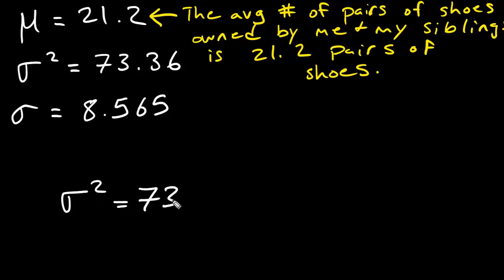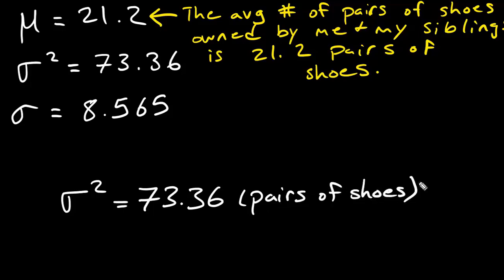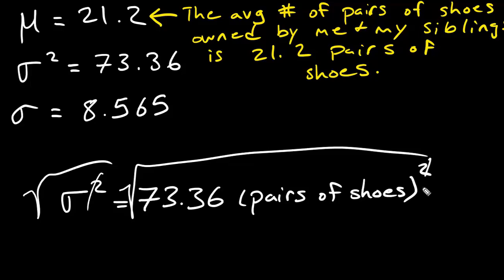Right, so we're never going to really write this out, but technically this is 73.36 pairs of shoes squared, right? So I don't know personally what a pair of shoes squared is. That's not really something that's very easy to interpret. And so while the variance is a good number to have, we really more want the standard deviation, right? Because once we take the square root of all of this, those squares cancel out.